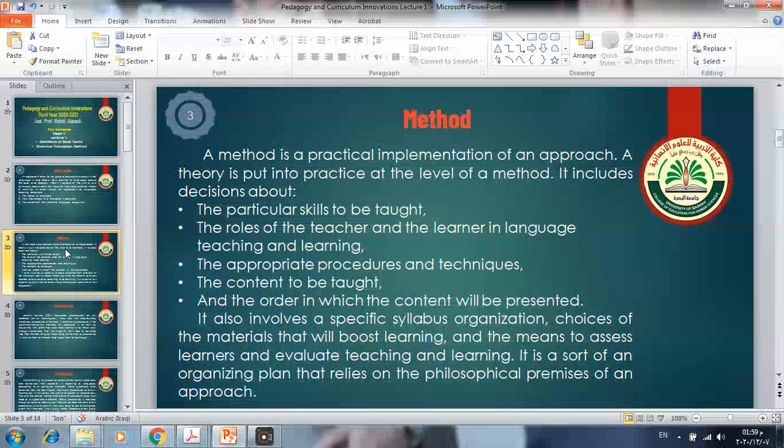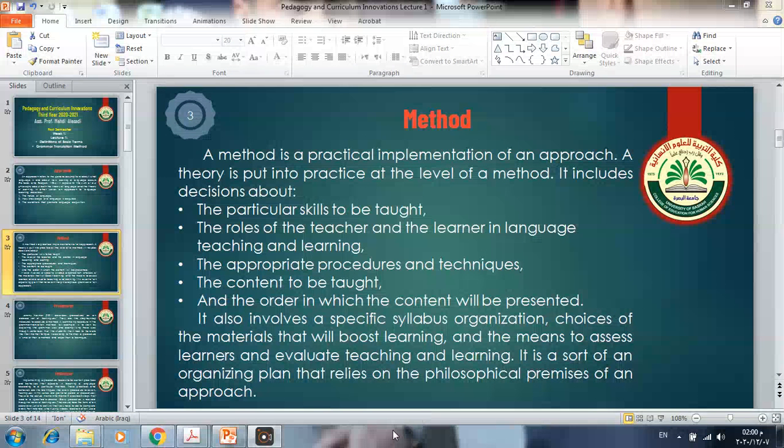The other thing is the content to be taught. What is the content that we should teach? For example, should we teach real life situations? Should we teach literature and the like? And the order in which the content will be presented.